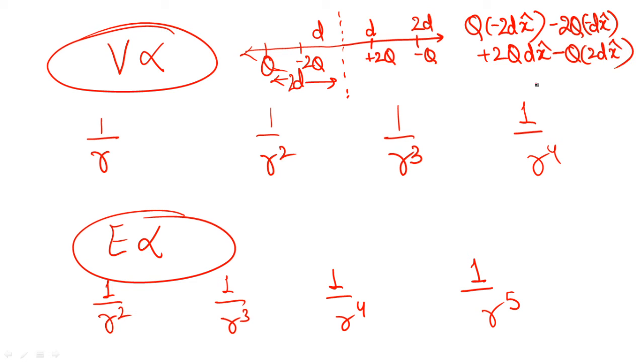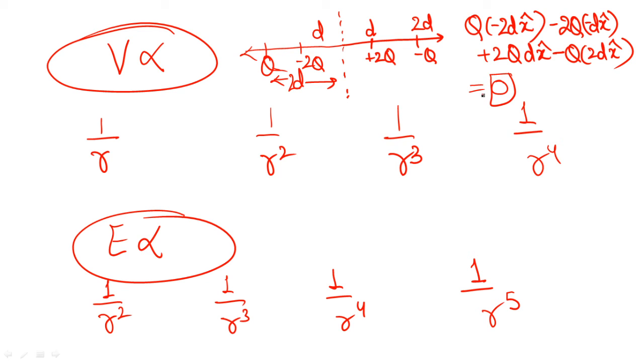Now what you will get: minus 2QD x cap and plus 2QD x cap, plus 2QD x cap, minus 2QD x cap, which is equal to 0, which means it's not even a dipole. When it is not a dipole, it is a quadrupole. That's how you will consider it.